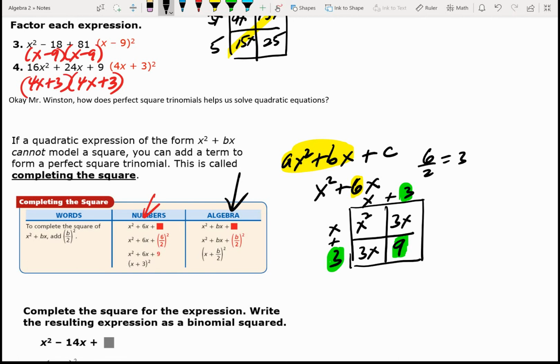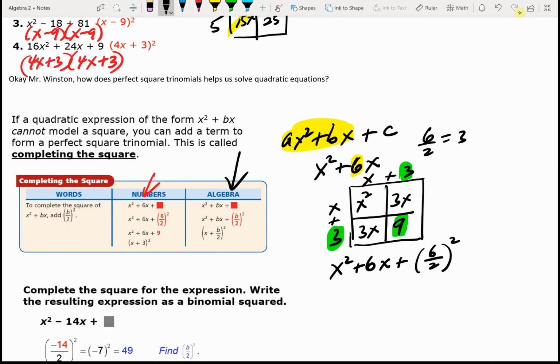To complete the square, we take the b term, in this example it was 6, and we divide it by 2, and then we square it. So we had x squared plus 6x plus 6 divided by 2 squared. 6 divided by 2 is 3, and 3 squared is 9.